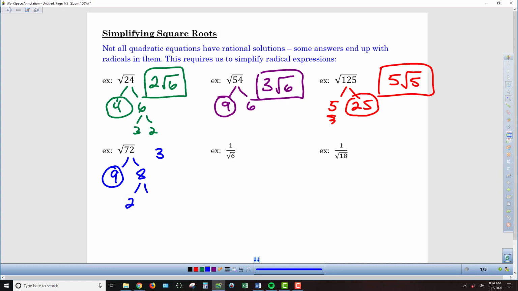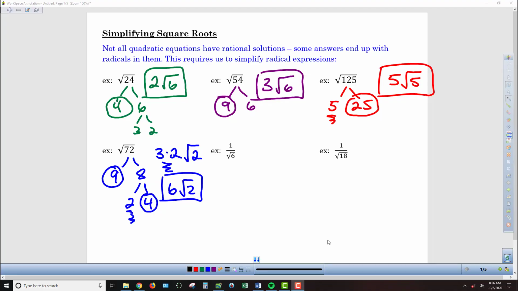And so I've got 2 times 4, so the 2 doesn't lead me anywhere, but the 4 is a perfect square, so I'm going to take that out, so the square root of 4 is 2, so I've got 3 times 2, and then I still have this 2 left here, so I've got a square root of 2 still trapped underneath the square root symbol. And so the last thing I'll do is multiply 3 times 2, that'll give me 6, and then I still have the square root of 2, so I've got 6 root 2 as my result.